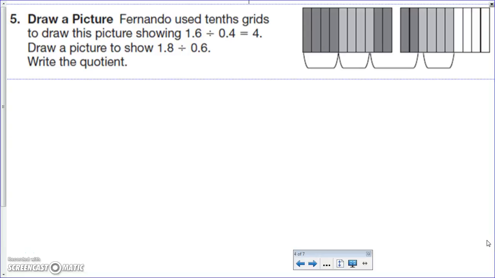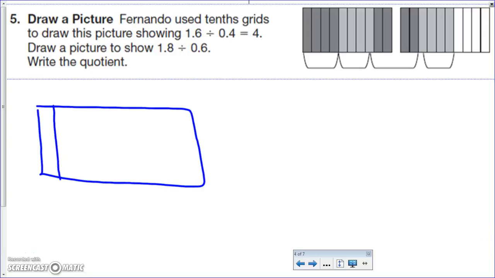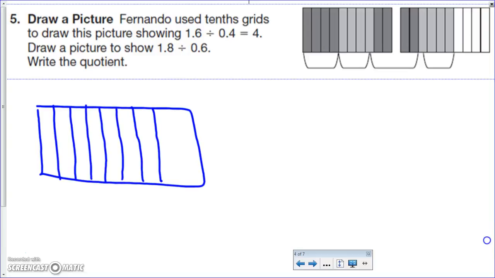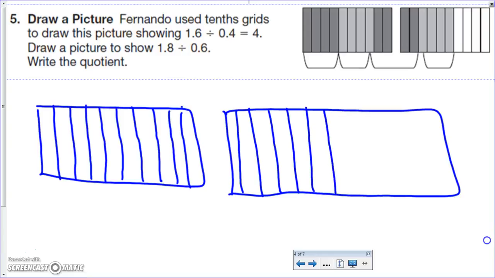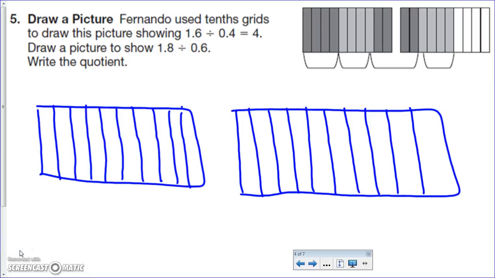So the first thing we need to do is draw 2 rectangles and divide them into tenths. And if your box ends up a little too big, it's okay.